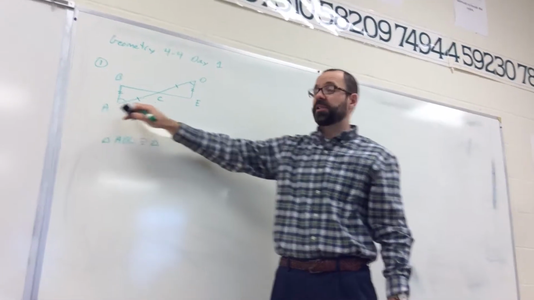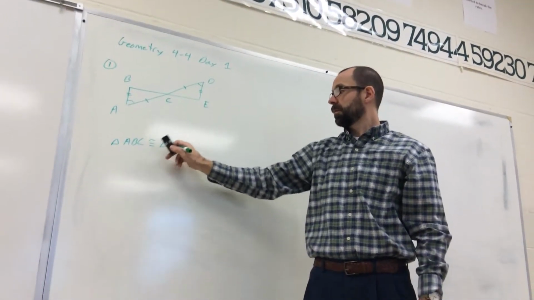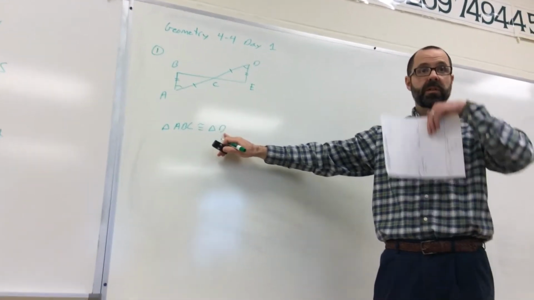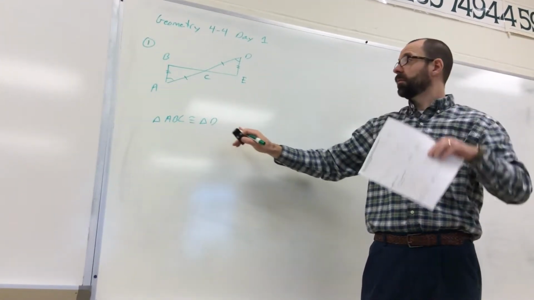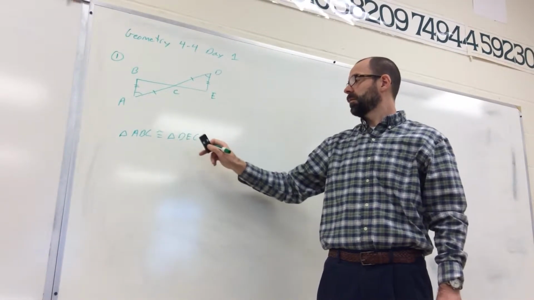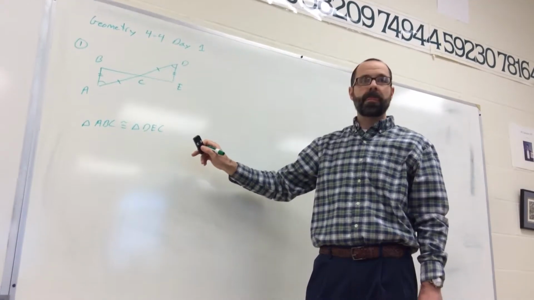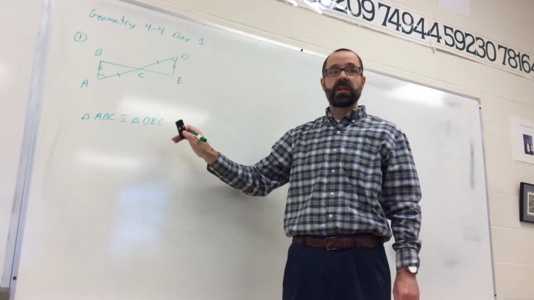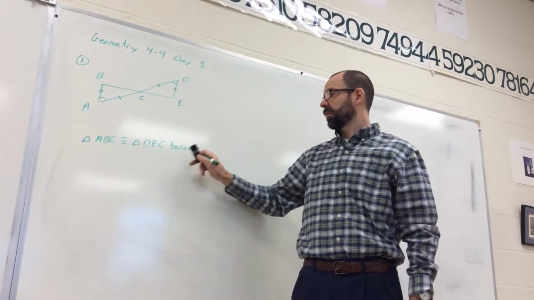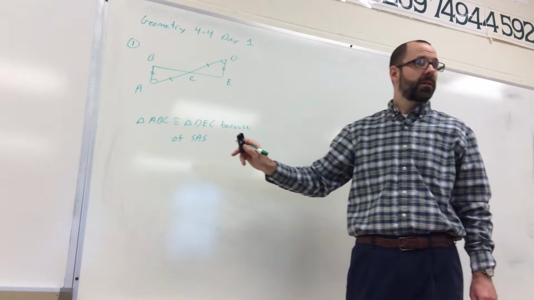So A matches up with D. Since I put A first, I have to put D first. So triangle ABC is congruent to triangle DEC because of the shortcut side angle side, right?